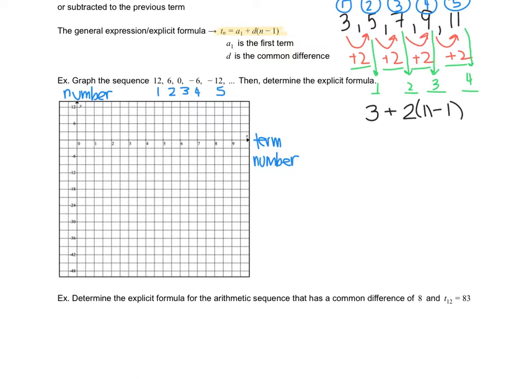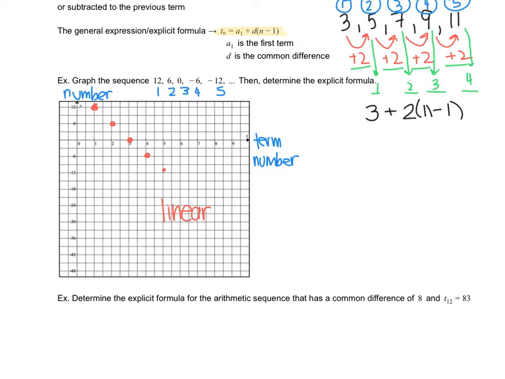The first number is 12, the second number is 6, the third number 0, the fourth number negative 6, and the fifth number negative 12. And I can see that these dots are creating a linear relation. So that's very important to note. An arithmetic sequence is linear because you have that common difference.